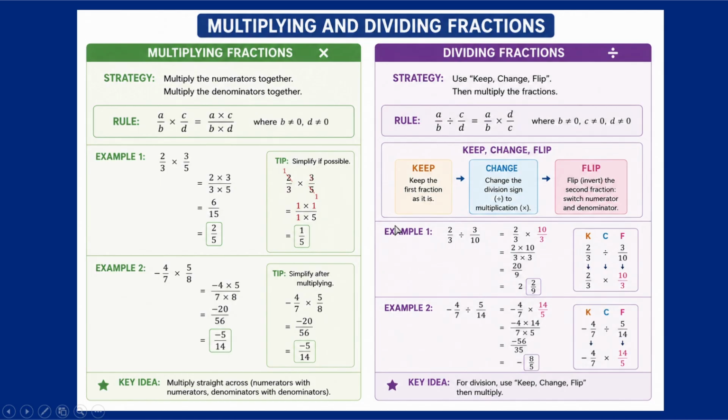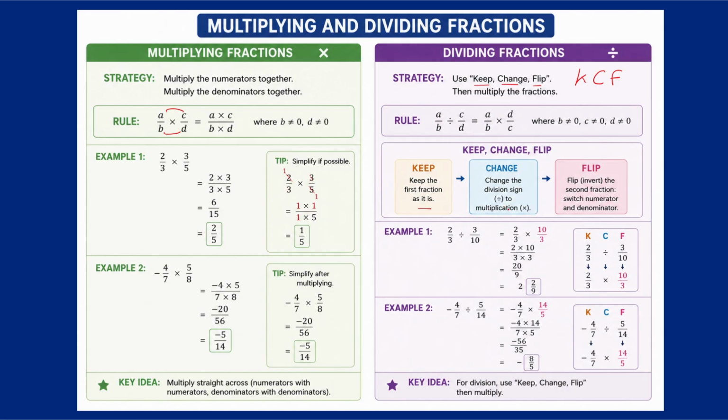Now, multiplication and division of fractions. So there are strategies to multiply and divide fractions. The strategy is multiply the numerators together and multiply the denominators together, and you get the answer. Simplify if possible by the greatest common factor. And the strategy to divide is keep, change, flip, which is KCF. We keep the first fraction as it is.